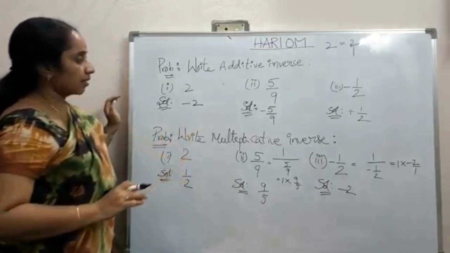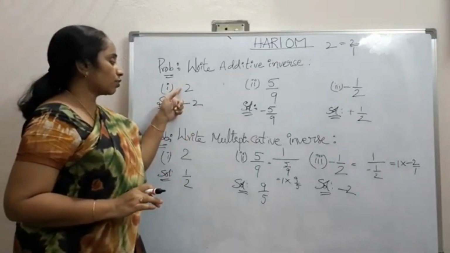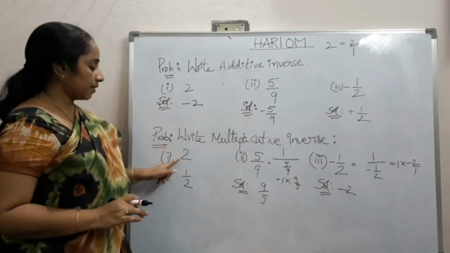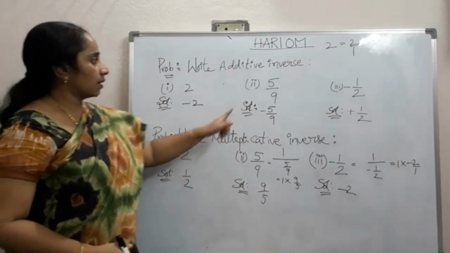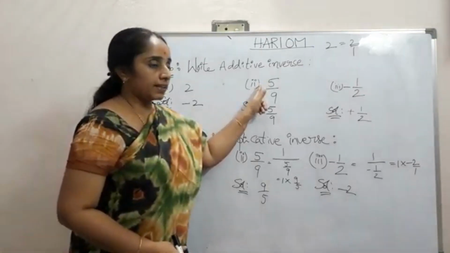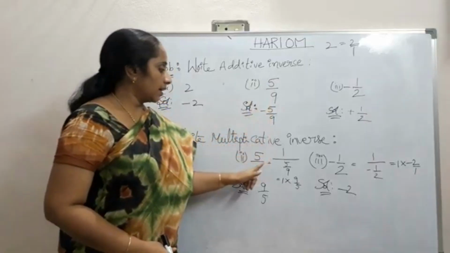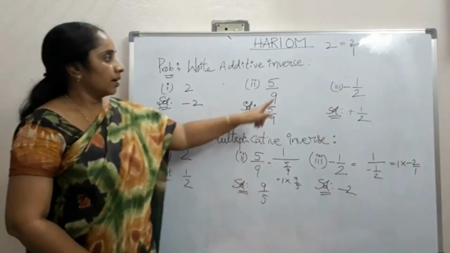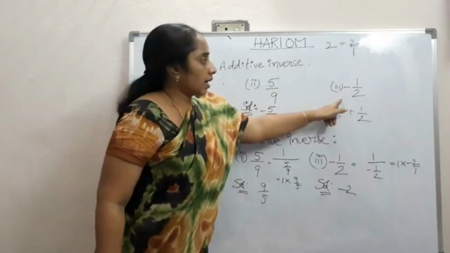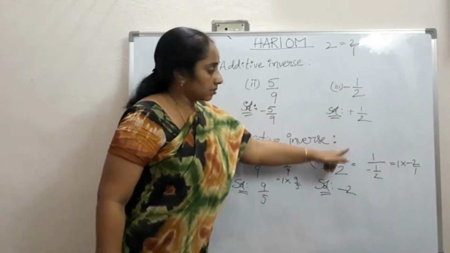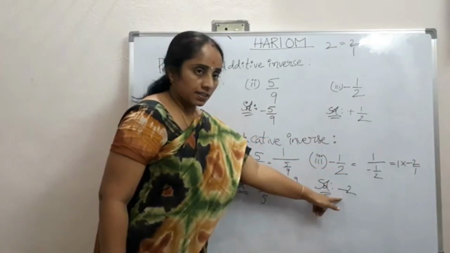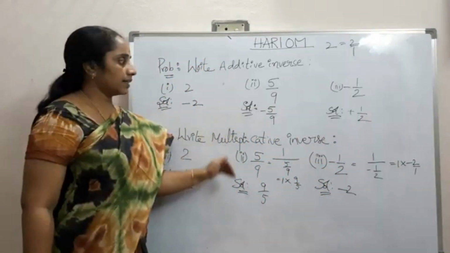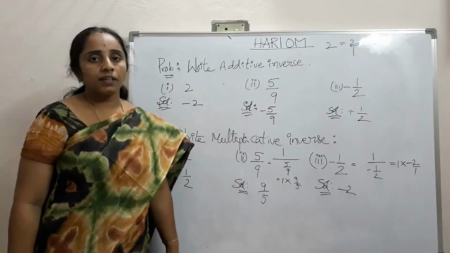Observe these things: the additive inverse of 2 is minus 2, its multiplicative inverse is 1 by 2. The additive inverse of 5 by 9 is minus 5 by 9, its multiplicative inverse is 9 by 5. Minus 1 by 2, additive inverse plus 1 by 2, its multiplicative inverse is minus 2. So this is about additive inverse and multiplicative inverse.